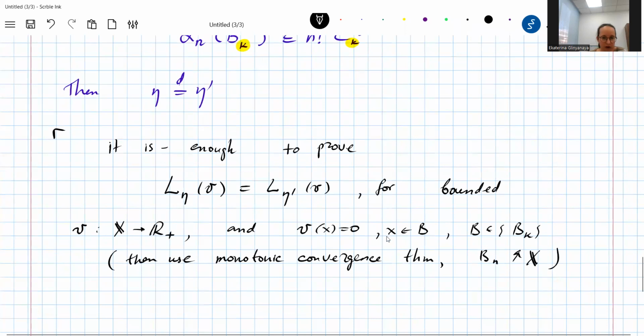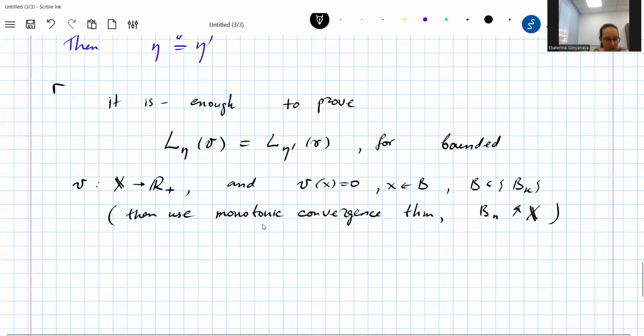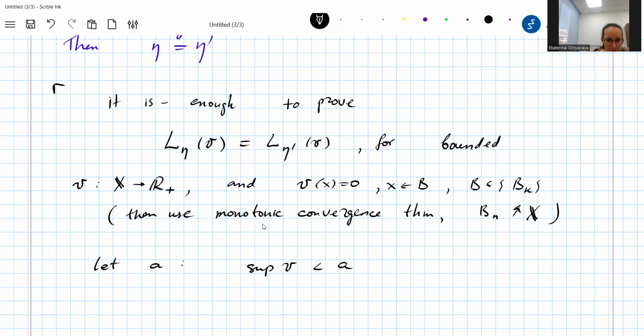So let's take such a function v and assume that, since it is a bounded function, let a be its upper bound, so that the supremum of v is less than a.